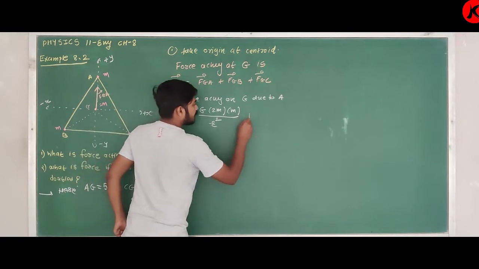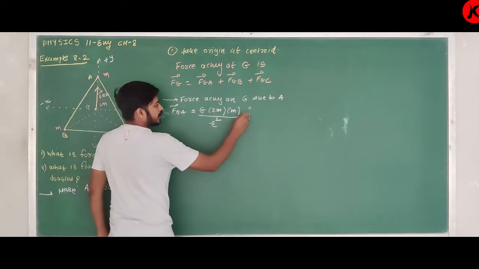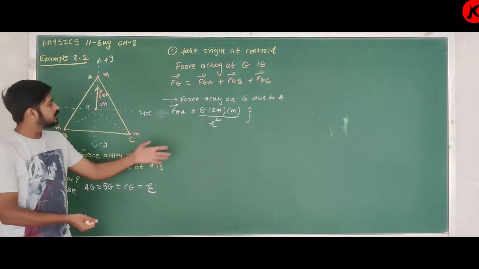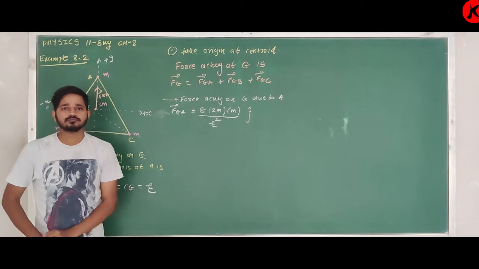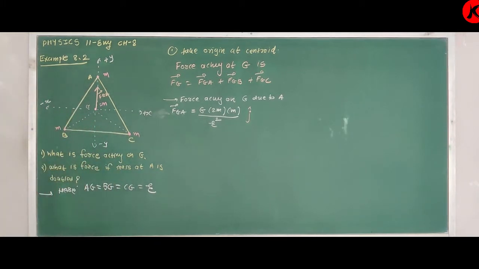And in the positive y direction, what is the unit vector? It is j cap. Simple. So we have magnitude and unit vector. Clear?